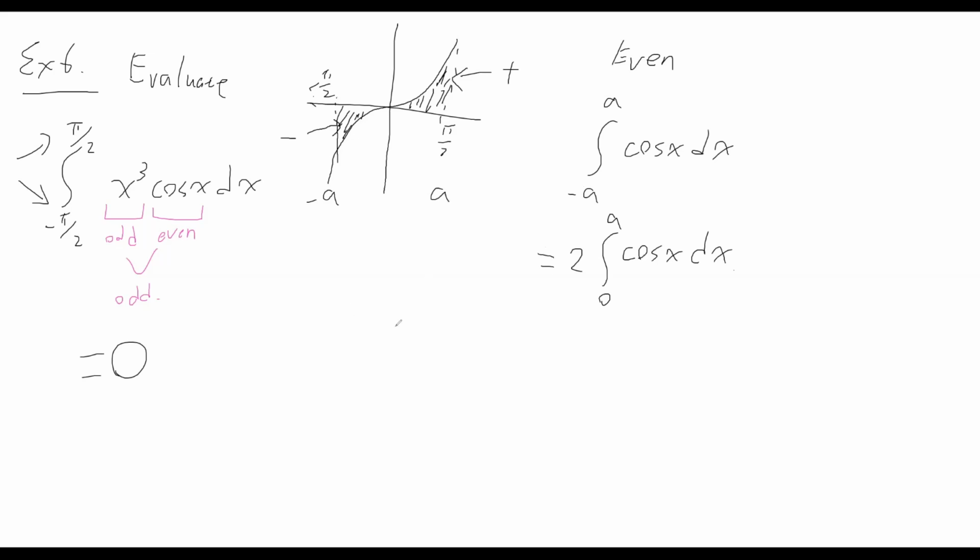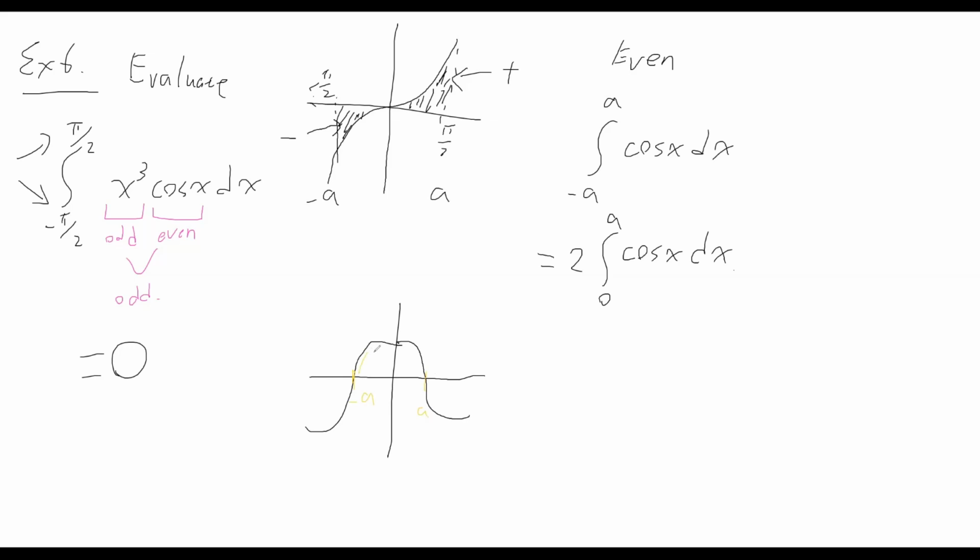Okay, and let me give you another illustration. Let's say cosine looks like this, and then you are evaluating this from, it doesn't have to be negative pi over 2, let's just say from this point, negative a to a.